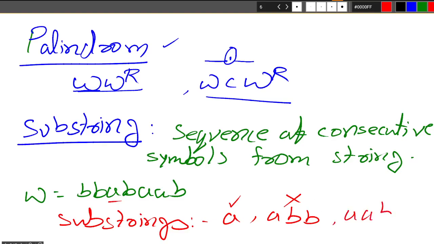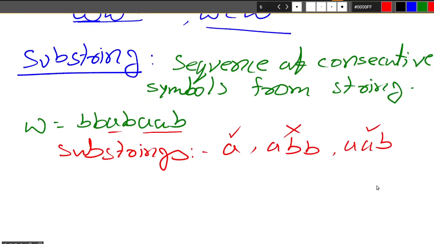However, AAB can be a substring, because I can see here it is present. Similarly, if you think about ABA, yeah, it is present here, so it is a substring. Similarly, if a sequence of these symbols is present in the string, then it can be called a substring. Several possible substrings are there, no problem.